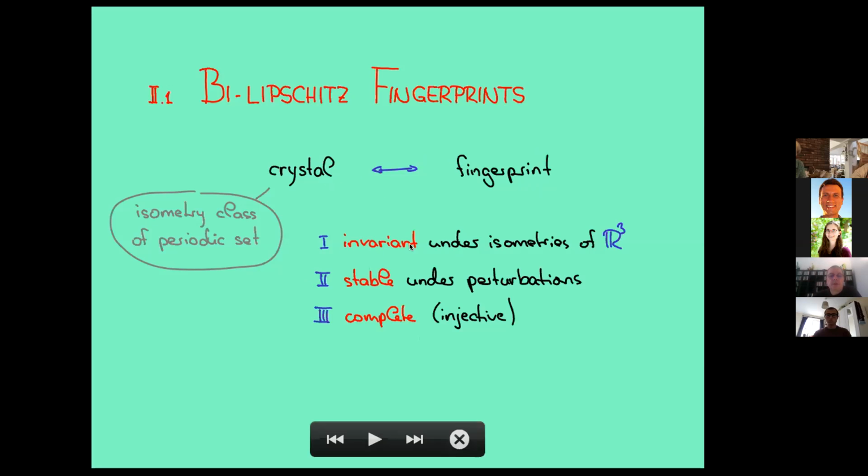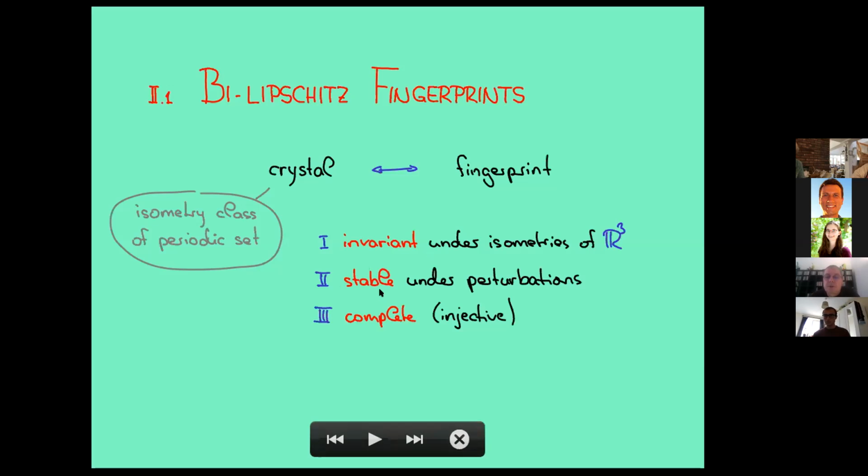Okay, so the three requirements for the fingerprint are, first, invariant under isometries of three-dimensional space. This is actually redundant because the way I define the fingerprint is for the isometry class, but somehow it's very natural to think of the fingerprint of a particular periodic set, and therefore we usually state that it's invariant under isometries, which it has to be if it's for a class.